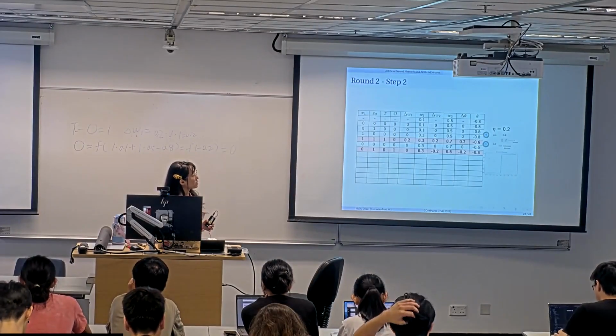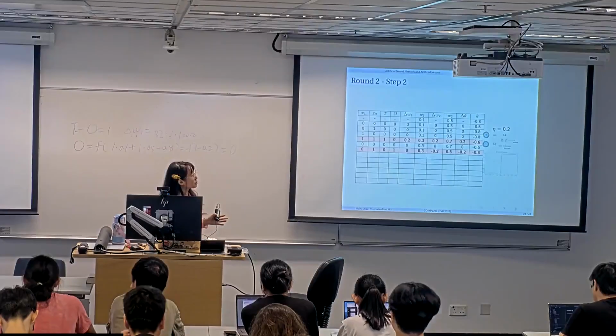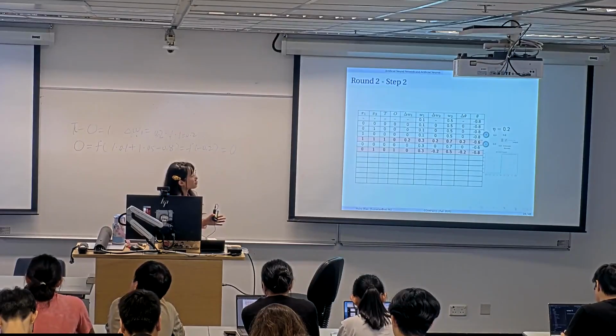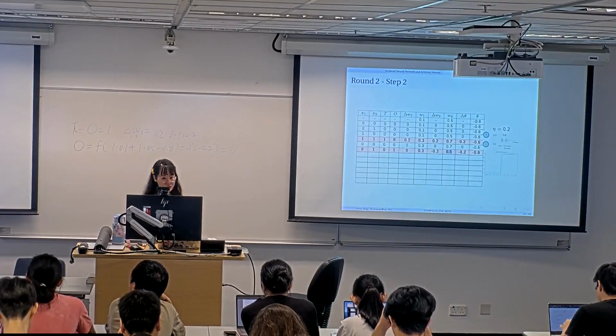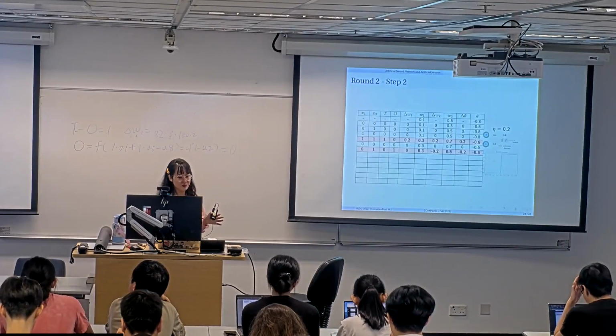After that, we computed delta W1 is 0, delta W2 is negative 0.2, and delta theta is negative 0.2. So we update these parameters: W1 is still 0.3, but W2 is updated to 0.5, and theta is updated to negative 0.8.